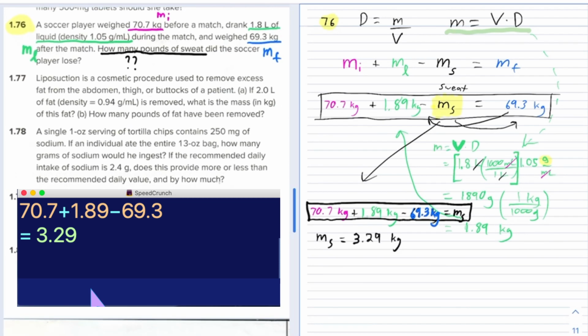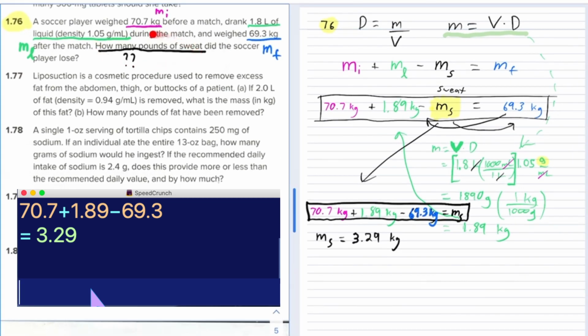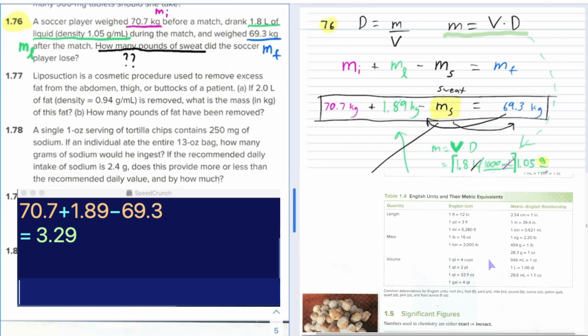You were asked about the weight of the sweat, but it wants it in pounds. Okay, so here's where you look up the kilogram to pound conversion using that English to metric conversion table. That's table 1.4. Okay, table 1.4 right here.